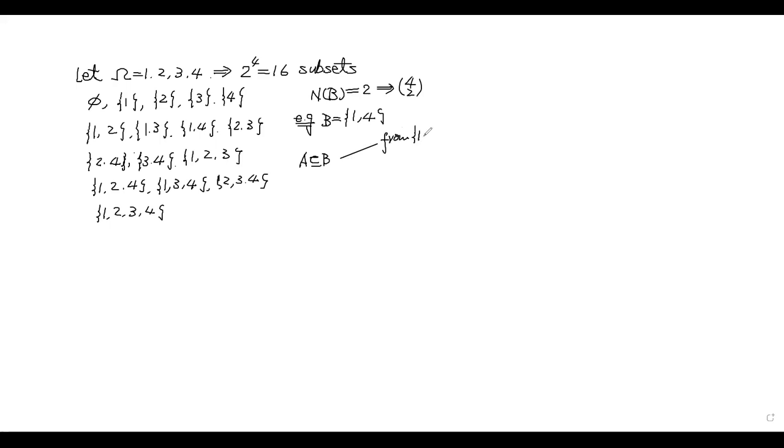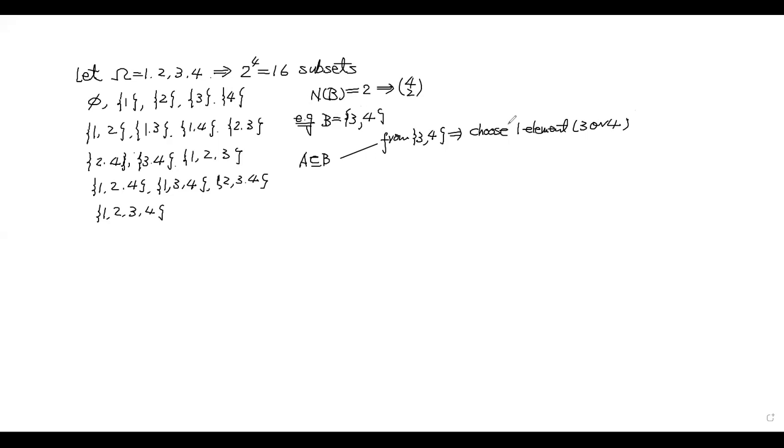Because it's a subset, A could only contain elements of B. So in this one, B is {3, 4}. That means you can choose one element, 3 or 4.